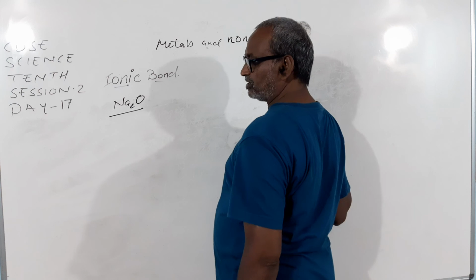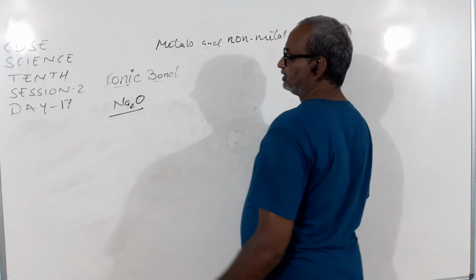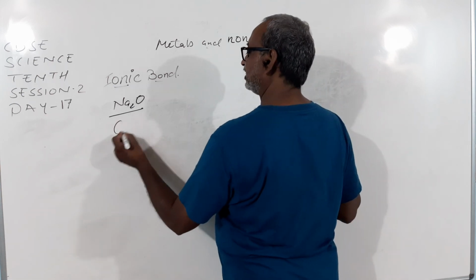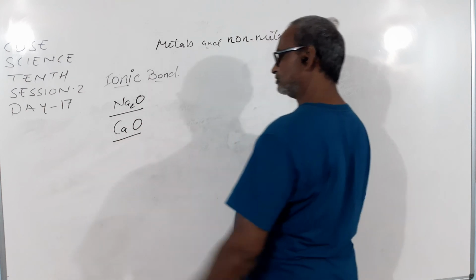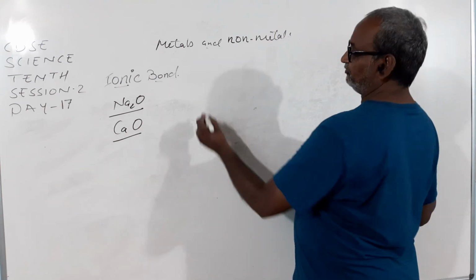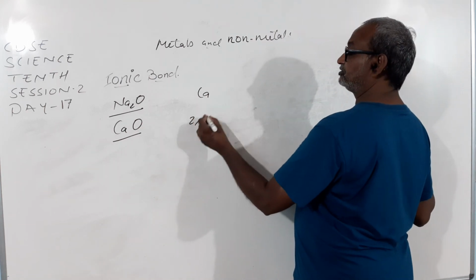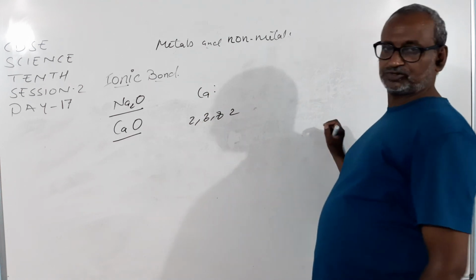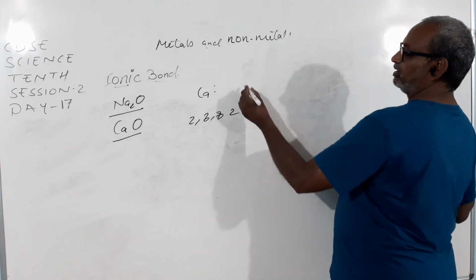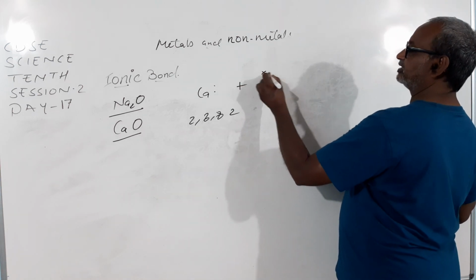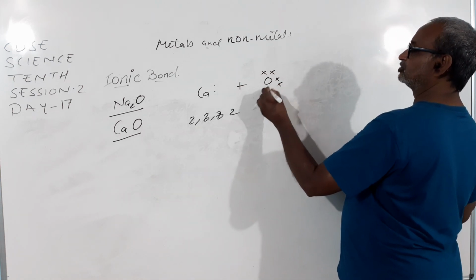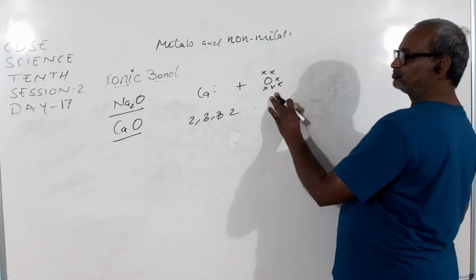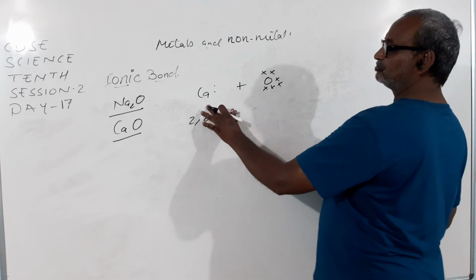Let's see the formation of calcium oxide. Electronic configuration of calcium is 2,8,8,2. So it has 2 electrons in its outermost orbit. Oxygen atom has 6 electrons in its outermost orbit. It requires 2 electrons. Calcium has a tendency to lose 2 electrons.